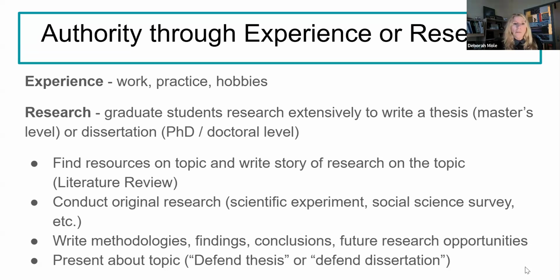It could be a survey or a focus group or some sort of way to assess some social science topic. Then they have to write their methodologies that they use, their findings, their conclusions, their future research opportunities that exist in this field, and then present about it. That's called defending their thesis or defending their dissertation.